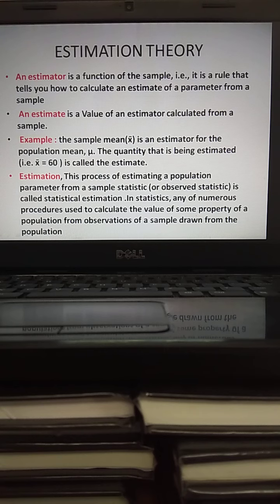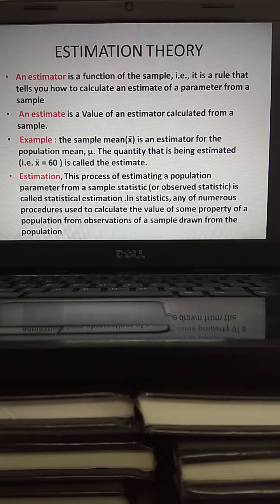One is called estimation theory or theory of estimation, and the other is known as testing of hypothesis. Estimation theory means you are going to understand a population for which you don't have any prior information. The testing of hypothesis method you apply when you actually know something about a population, and want to check whether that information is correct or not.